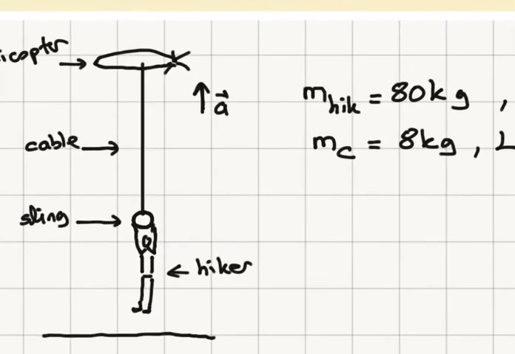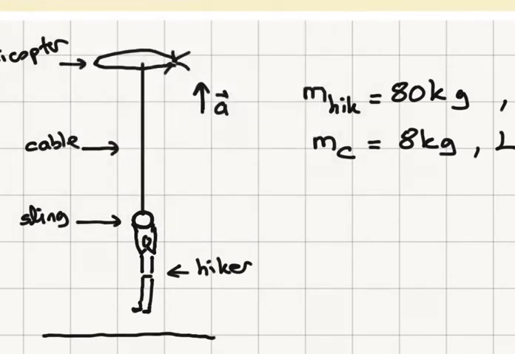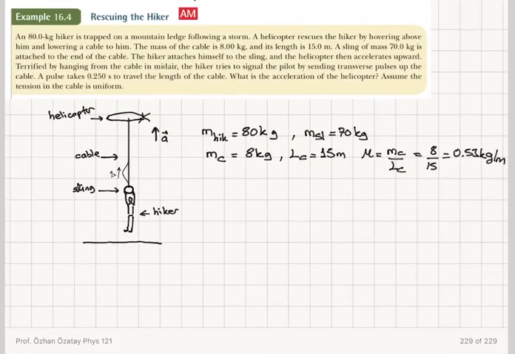So this pulse is going to propagate with a certain propagation speed to go to the pilot to alarm him that the hiker is terrified.